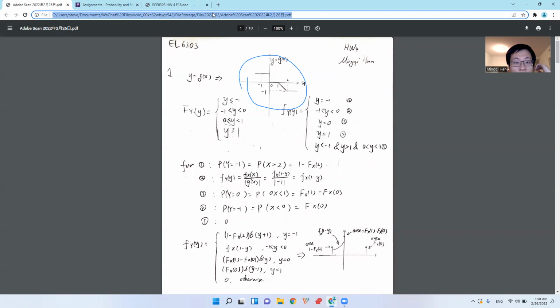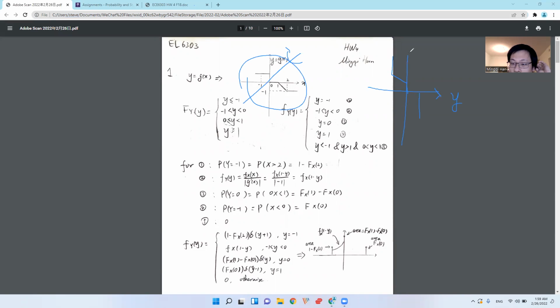It's not easy to see from this graph, but if we do a maneuver like this, we get the graph where the horizontal axis becomes y and the vertical axis becomes x. It's now easy to see what ranges we have.